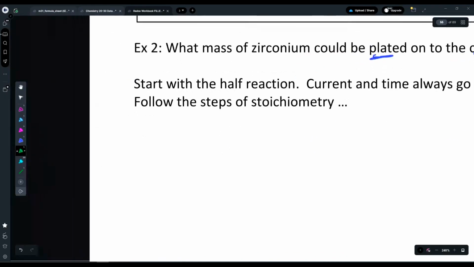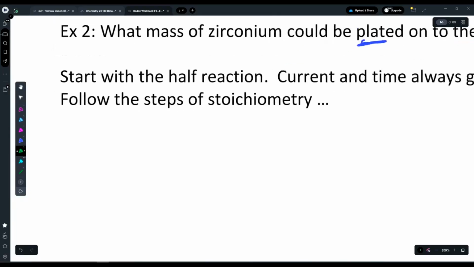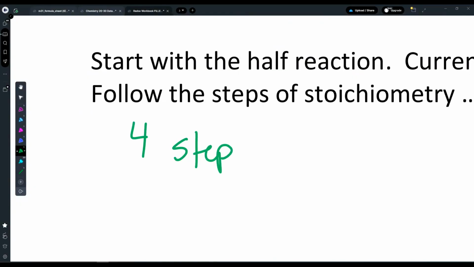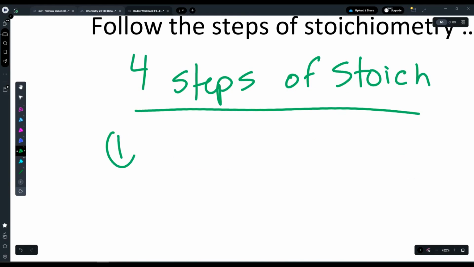Okay, so as a quick reminder of the 4 steps to solve stoich problems, let's write them out. So step 1, you're going to want to write a balanced chemical equation.